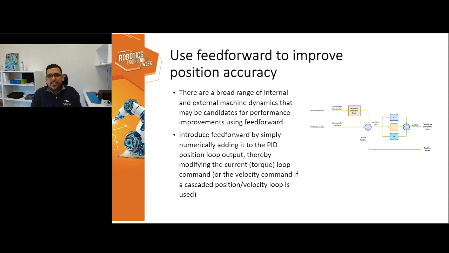So you basically introduce it by adding it to the PID loop, and then it takes the difference and accounts for a nice, clean, smooth motion. So this is one common technique that's used. We could apply these compensation tables at different points in the position loop, depending on your mechanical system and your construction. So this is a very popular use case.